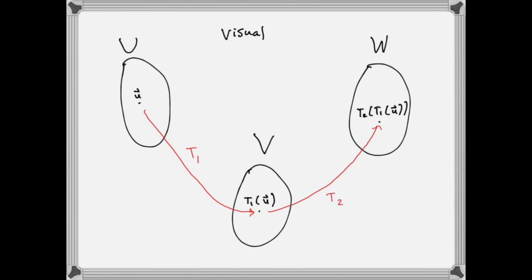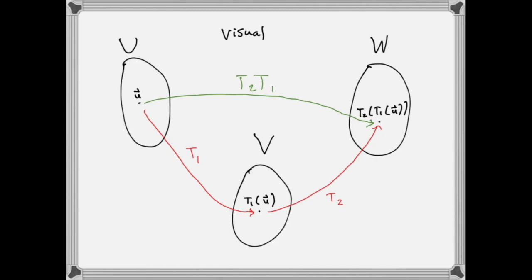But now what we're saying is we can create a new map. Let me give this a new color. And this new map just goes straight from here to here. And this new map is called T2, T1. Okay? So this is what it does to every guy in U. We've just created a map that goes from U to W by just taking a map that goes from U to V and a map that goes from V to W and composing them, putting them together.